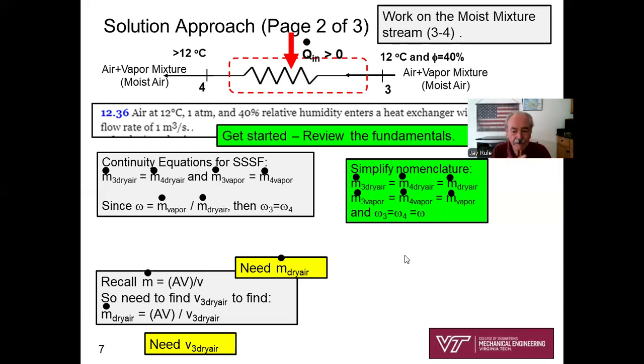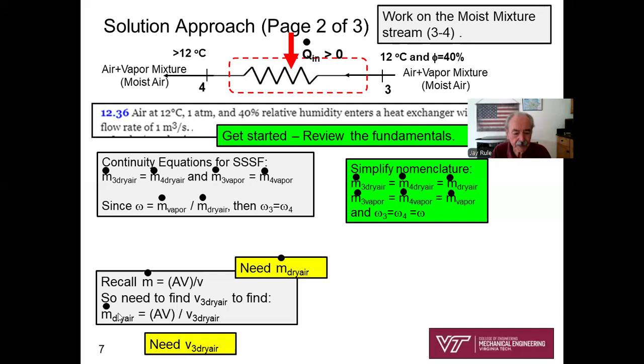If you remember from that very detailed solution, and also looking ahead a little bit, we needed and will need m dot of the dry air. We're going to need to figure out what is m dot of the dry air. And remember, you were given the volumetric flow rate, not the mass flow rate.